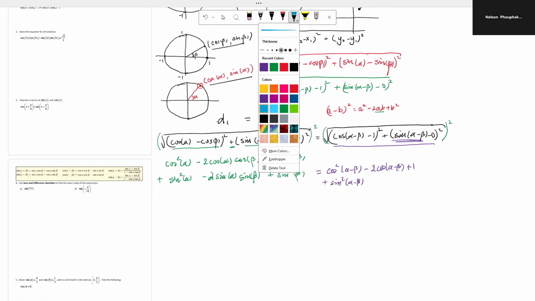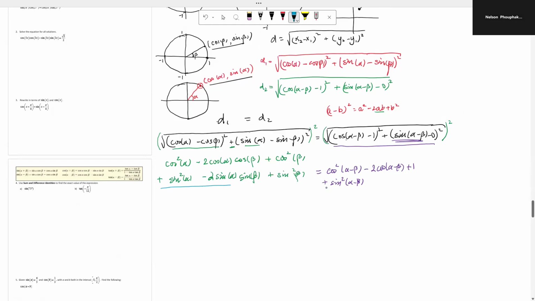And now we notice cosine squared alpha plus sine squared alpha is equal to 1. Cosine squared beta plus sine squared beta is also equal to 1.